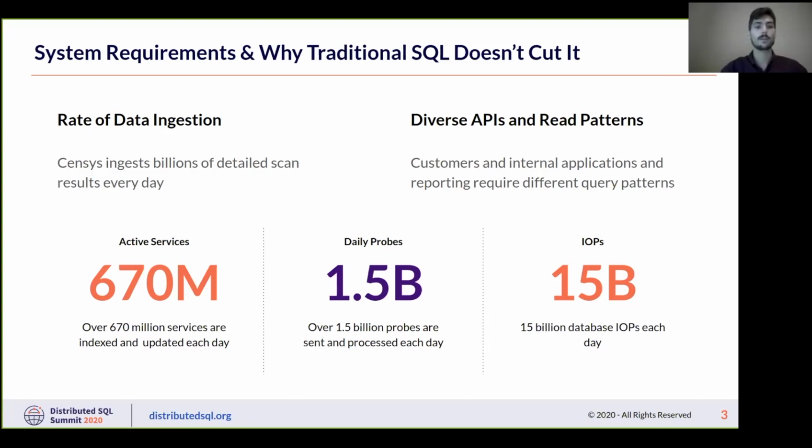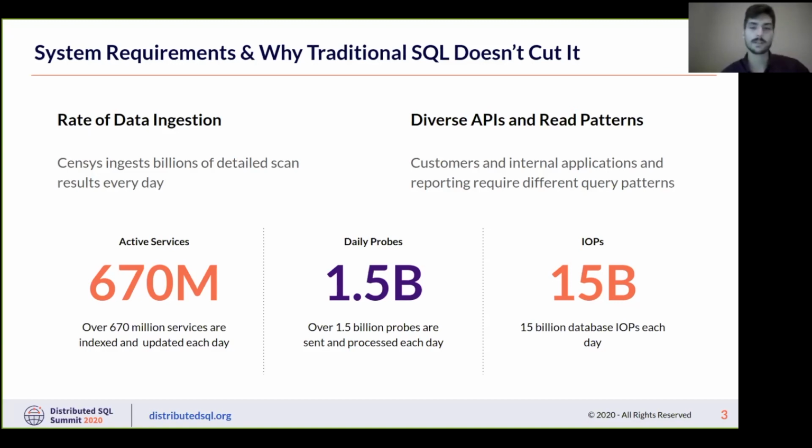Combined with an inventory of upwards of 670 million services, there's both not enough space in one database, as well as not enough CPU in one database to make this work. And we found that we really did need to split it out horizontally to handle our load.